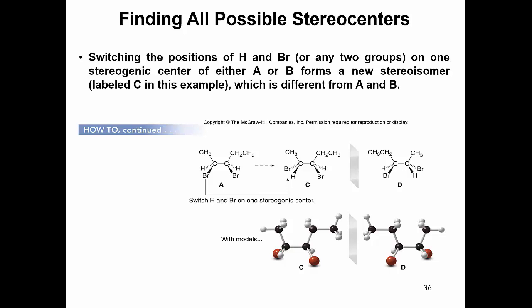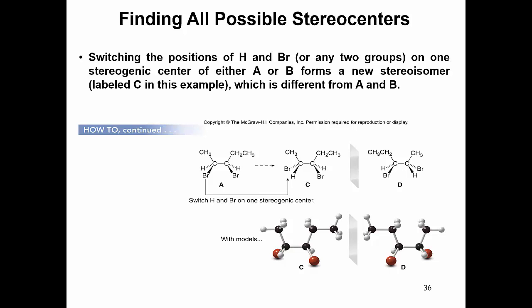They differ in the orientation in space, rather than in their connectivity. That's a different definition that you should know: stereoisomers differ in the orientation of the atoms in space, not the atoms that they're connected to.